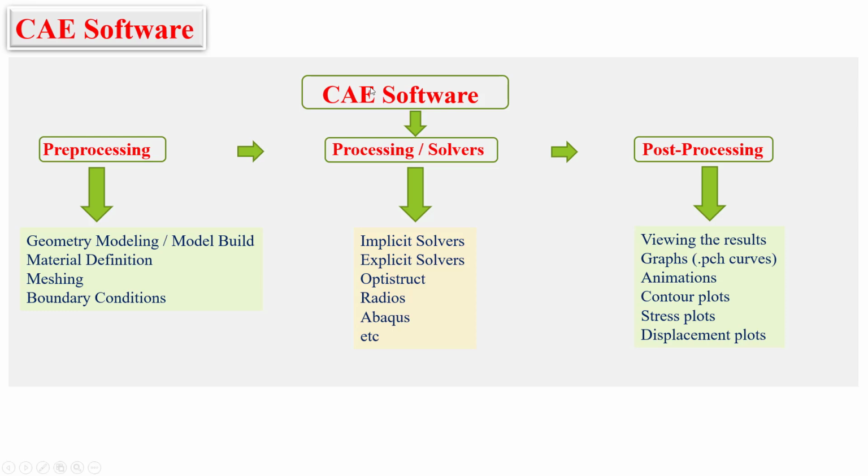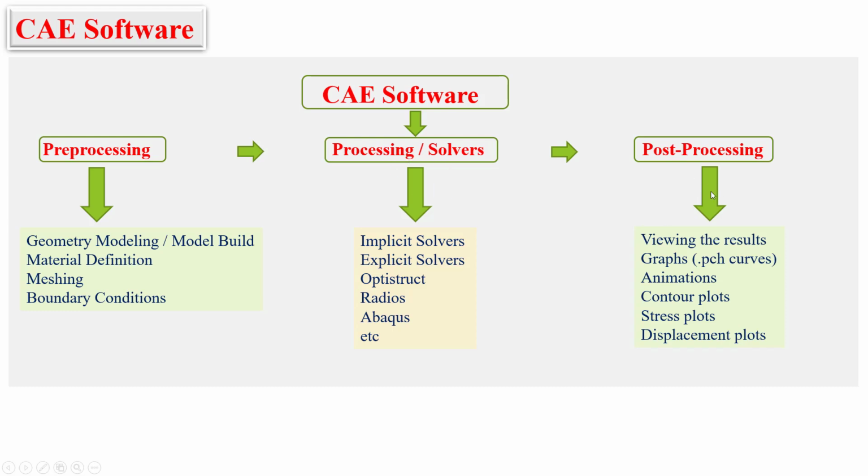So what exactly are the CAE softwares? There are a lot of things to learn, but don't get confused. In short, we have pre-processing with independent and standalone tools, and for processing we have independent and standalone tools.